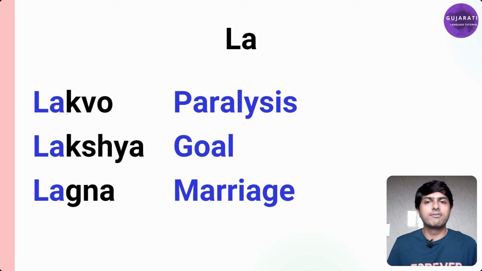Here we have three words with LA. The very first is Lakvo, which means paralysis. Then Laksha means goal. Then Lagna means marriage. I am repeating. Paralysis means Lakvo, goal means Laksha, marriage means Lagna.